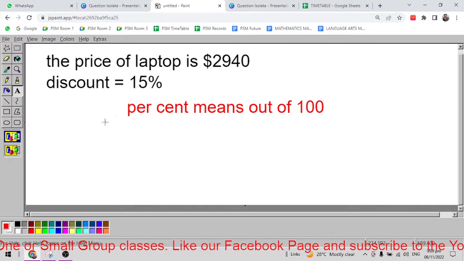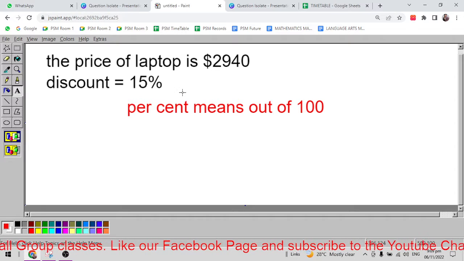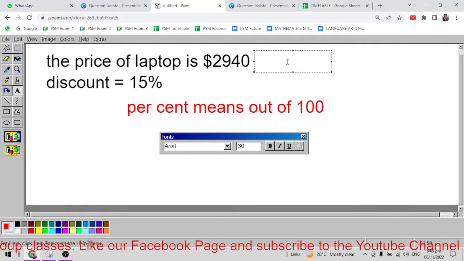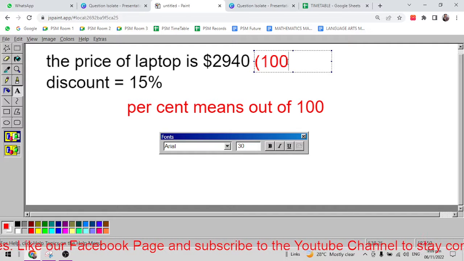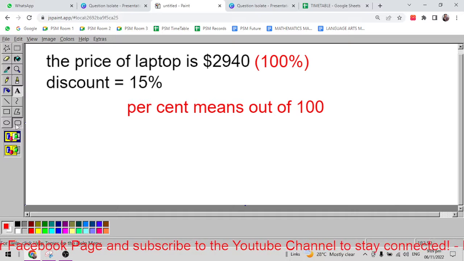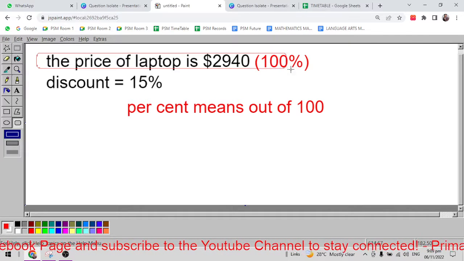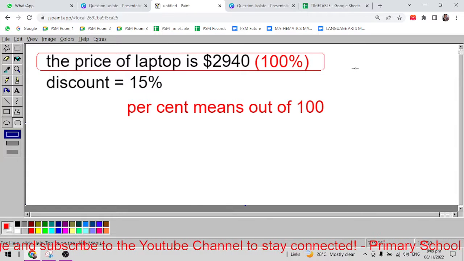So this price here, I'll write that in red in brackets. That $2,940 means 100% of the price. So the price of the laptop is $2,940, and that's 100% for the laptop.